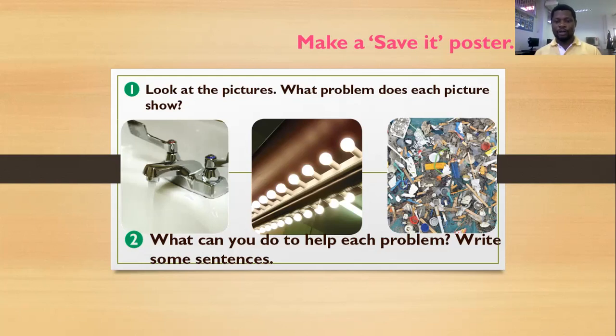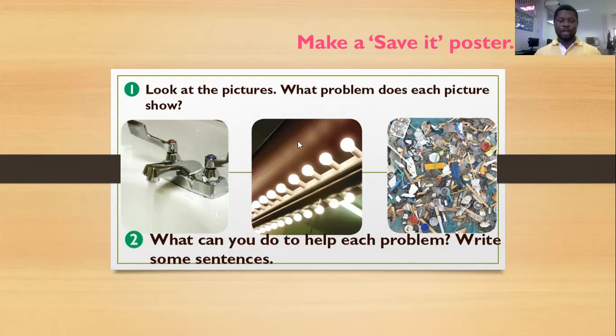The lights are on, so we are wasting what? We're wasting energy, light energy. And the third problem is not managing and recycling our waste or garbage. Not managing our waste and garbage properly. There is no garbage bin.